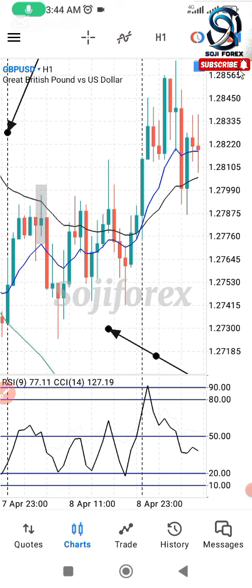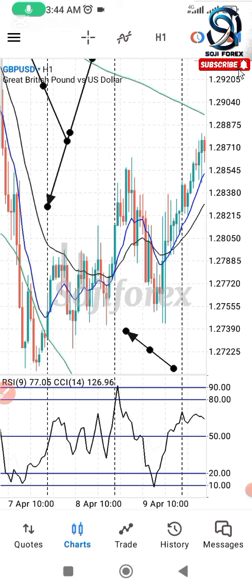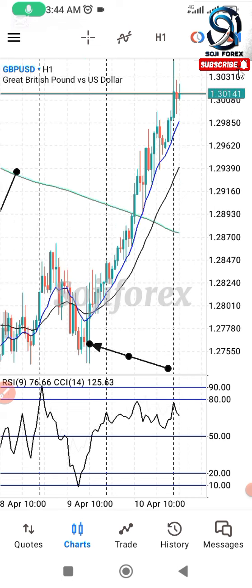Here again, we have this one too. So you can see how that plays out beautifully well. So that is how you will be identifying each of these in finding your trade entry.